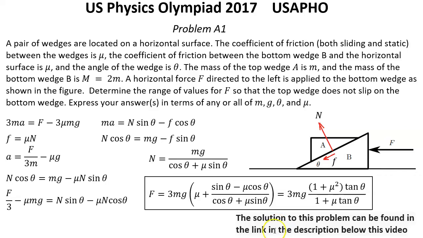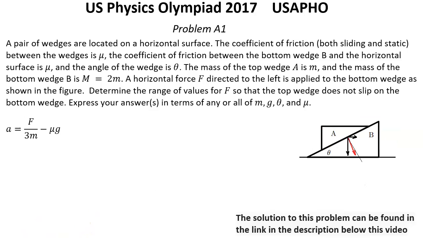There is another way to solve this problem, and we can use a so-called non-inertial frame of reference. If we use a frame of reference which is moving to the left with acceleration a, we can use this dynamic with a non-inertial frame of reference.